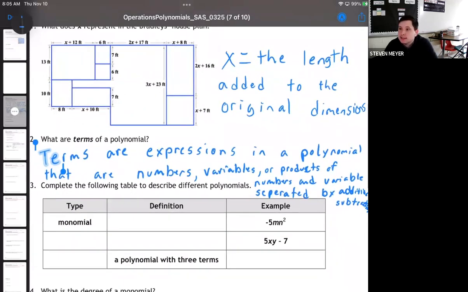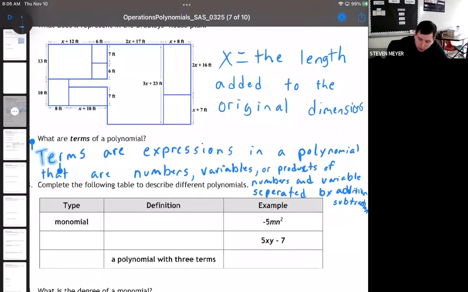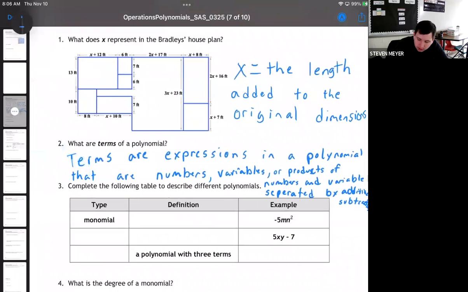And we just looked at an example of a monomial, a polynomial with one term. So in the definition, we'll put a polynomial with one term. And here we have an example.